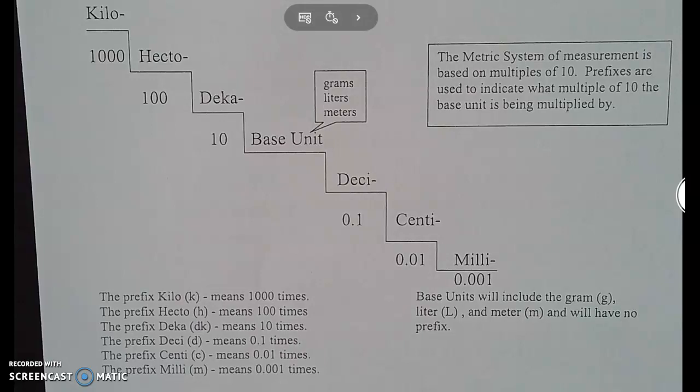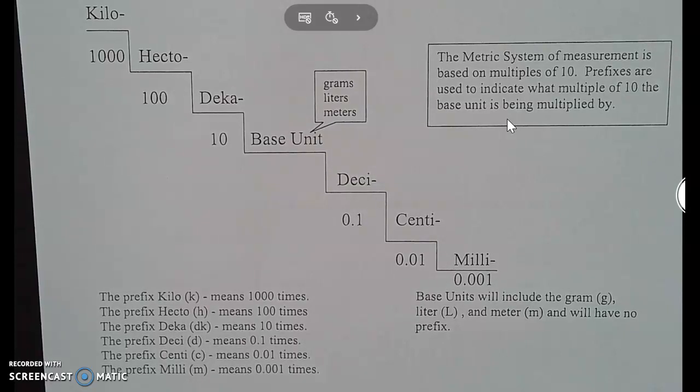Okay, so today we're going to talk about the metric system and how you convert from different units in the metric system and how you utilize it. So if you read right here on your assignment, the metric system is measurement that's based on multiples of 10.